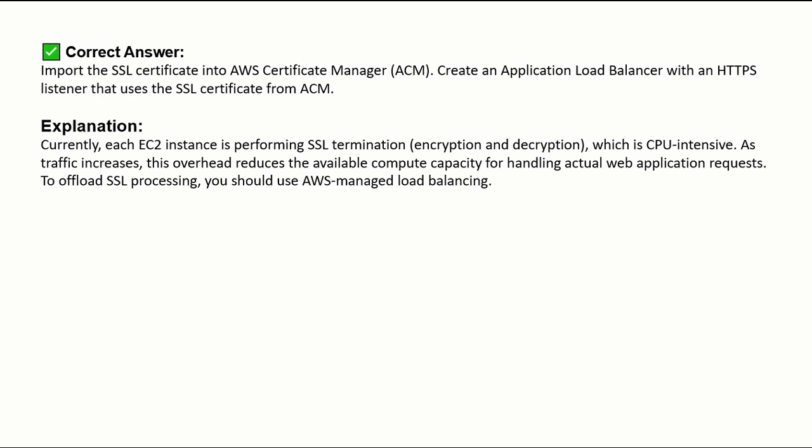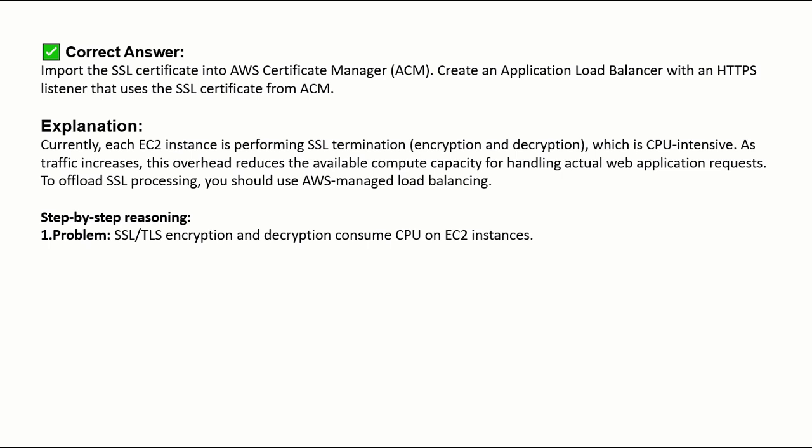Currently each EC2 instance is performing SSL termination, that is encryption and decryption, which is CPU intensive. As the traffic increases, this overhead reduces the available compute capacity for handling actual web application requests. So to offload SSL processing, you should use AWS managed load balancing.